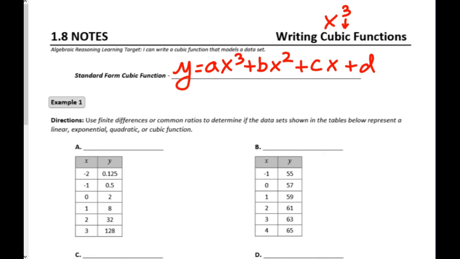So, first one, it wants us to tell us, is it linear, exponential, quadratic, or cubic? So, remind me, how do I tell if it's linear? What do I do on the side here? Subtract, right?